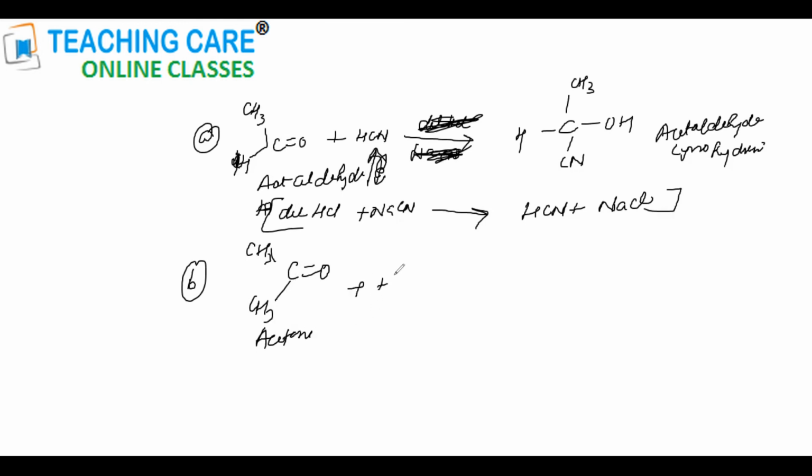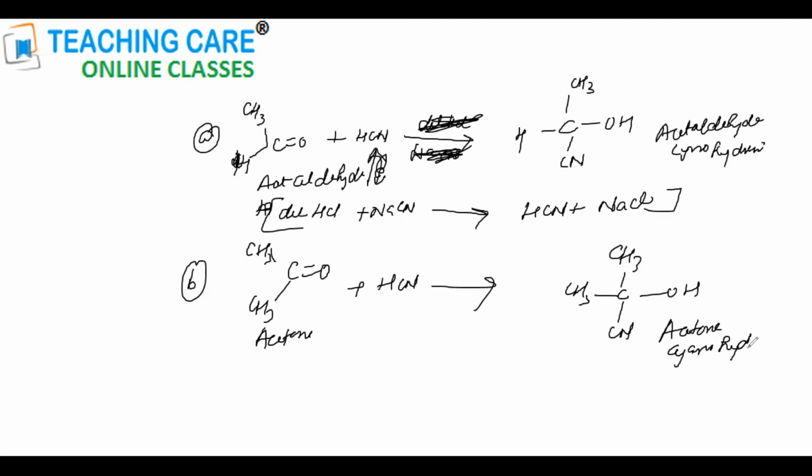React with HCN. And what happens? So this will be CH3, C, then this is your CH3. It reacts with O, then your H, and it will form CN. So it will be your acetone cyanohydrin.